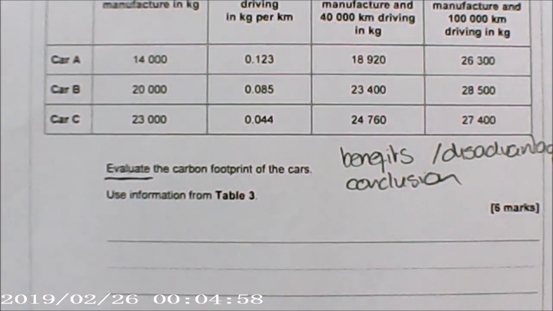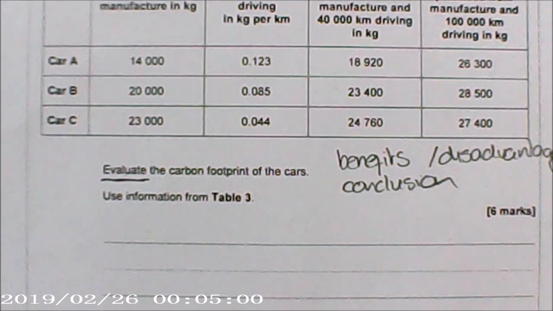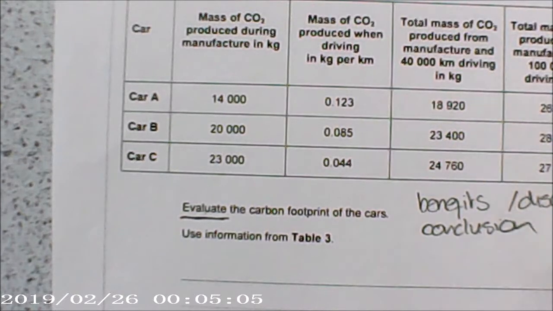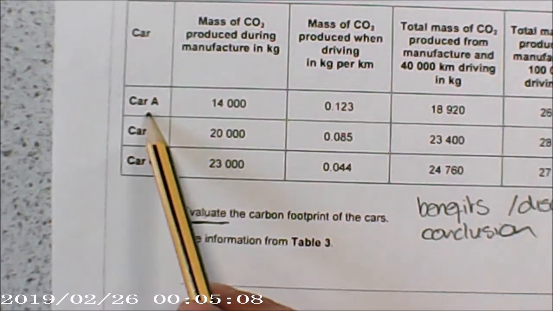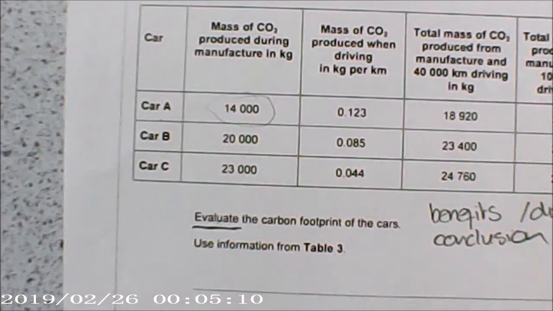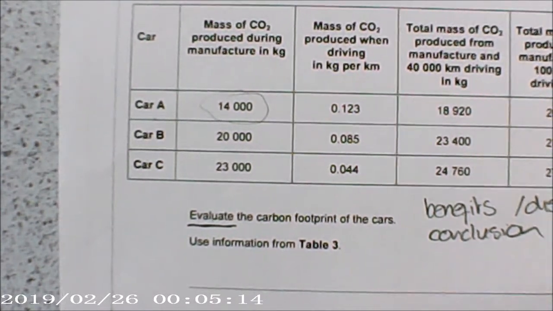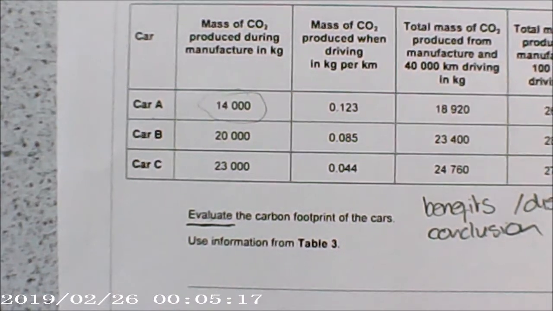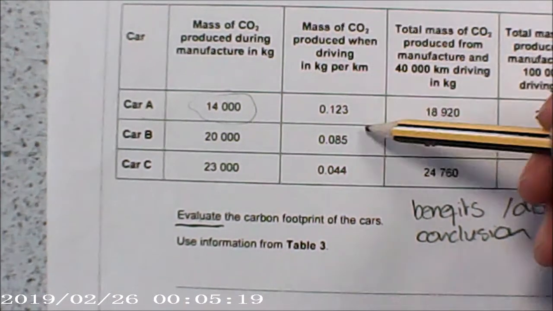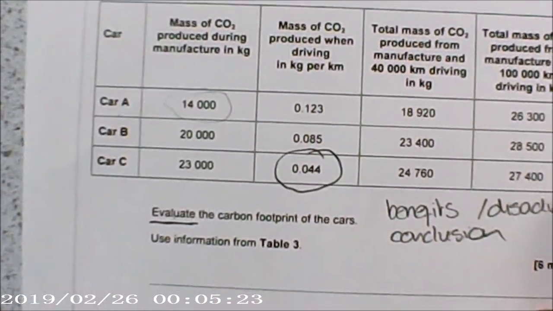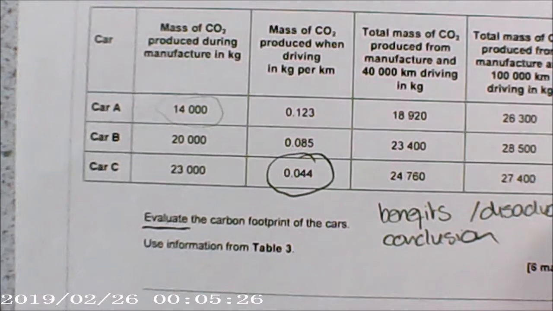So there's a few things that we can talk about. We could say, for instance, looking at the table, if we go through each column, that car A produces the least amount of carbon dioxide. Okay, that would be a relevant point when being manufactured. We could say that car C produces the least amount of carbon dioxide every kilometre.